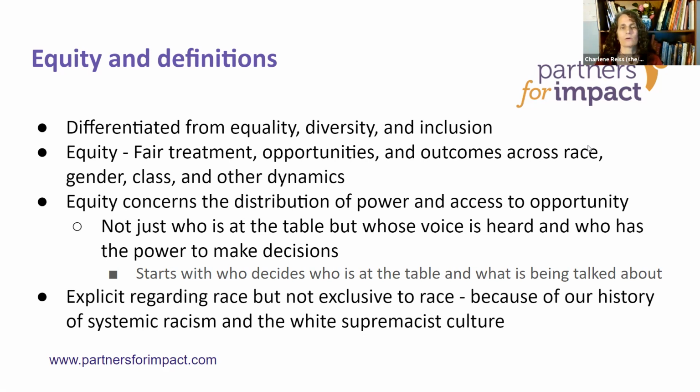So when we talk about equity, we talk about racial equity, and we are explicit about race because of our history of systemic racism. Racial equity underlies all equity in our country and in our culture.